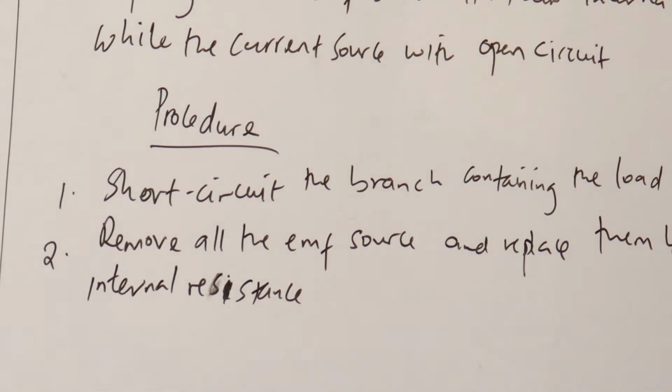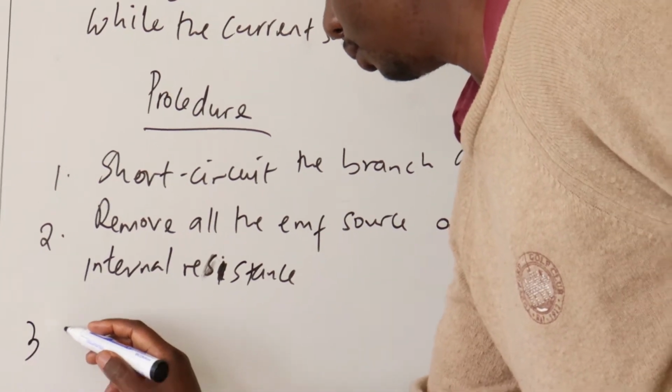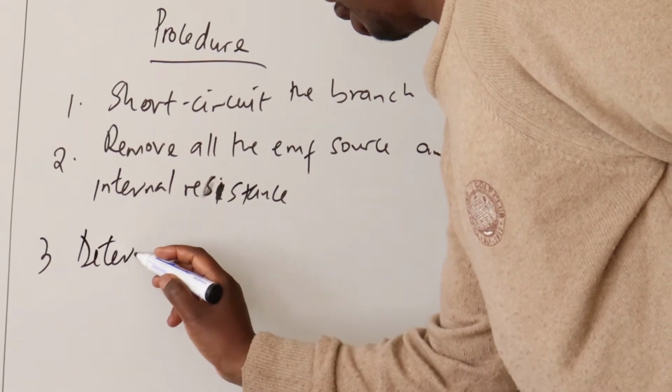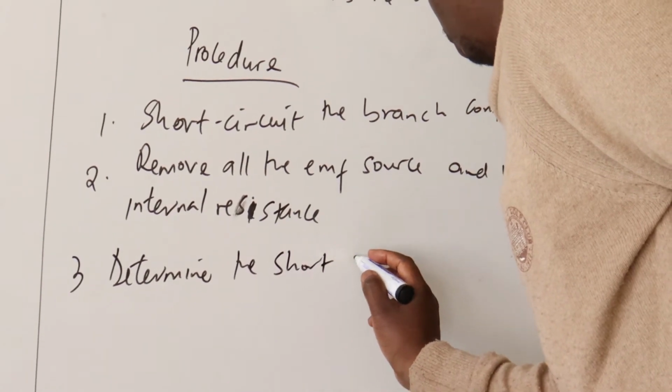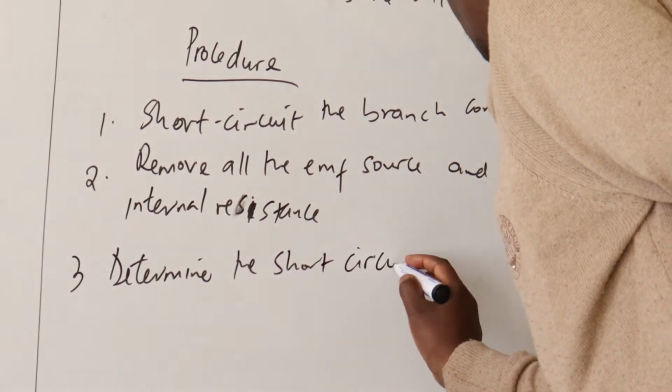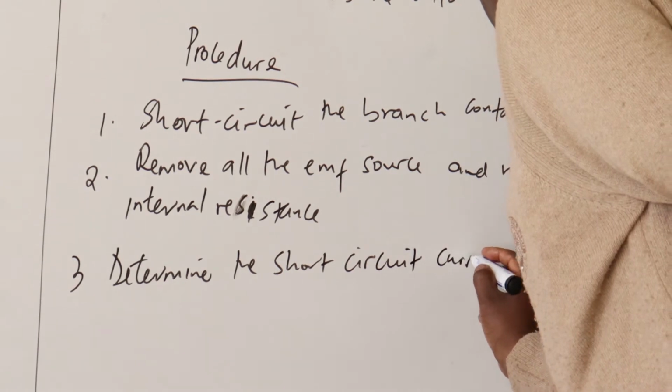Procedure three is to determine the short circuit current.